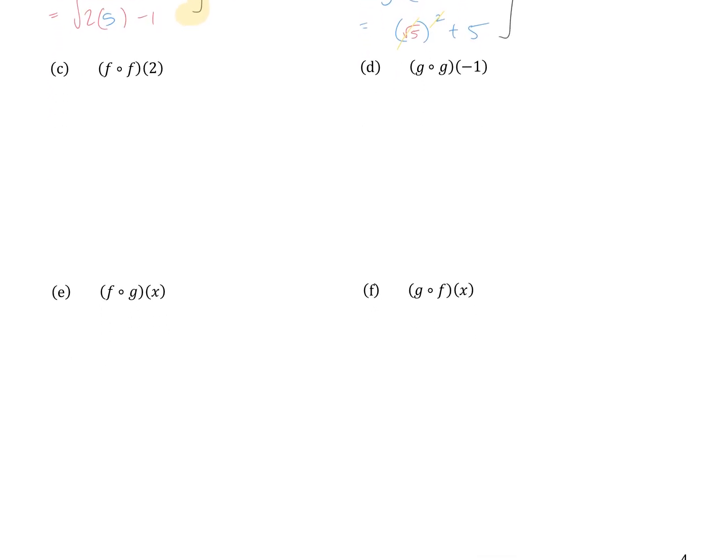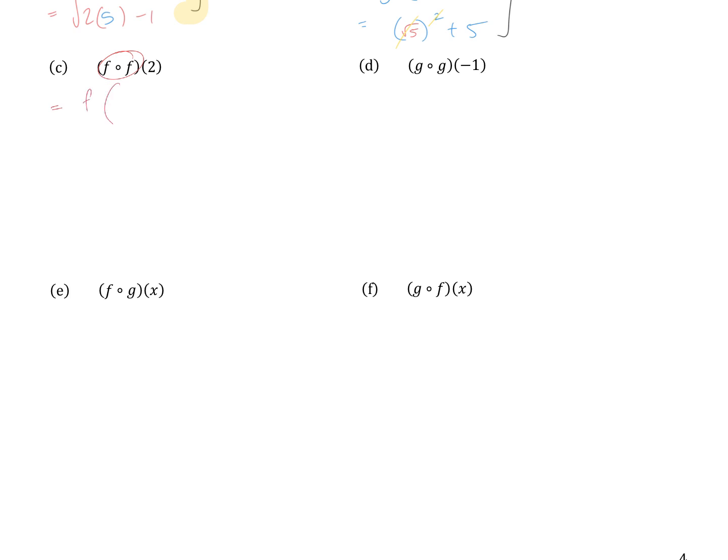All right, moving on. Now we have f of f. We're going to input f into itself twice. So that's going to be f of, and this time I'm going to do the second f with green. But again, we're using the exact same function as before. So first, let's calculate what f of 2 is. f of 2, again, is going to be the square root of 2 times an input minus 1.